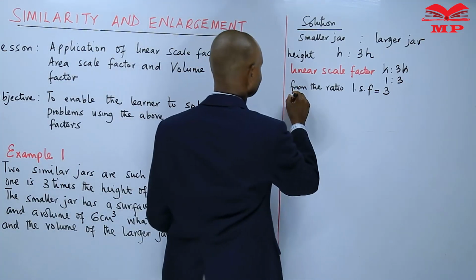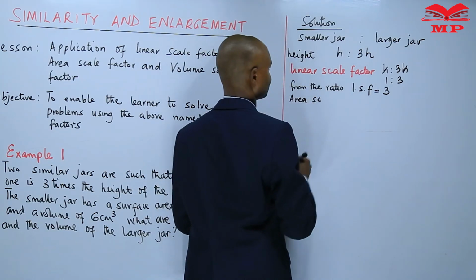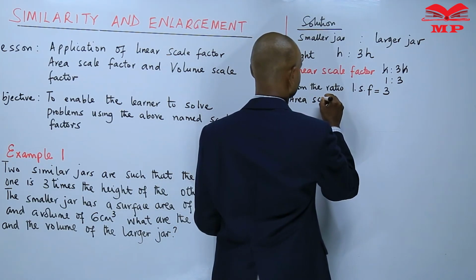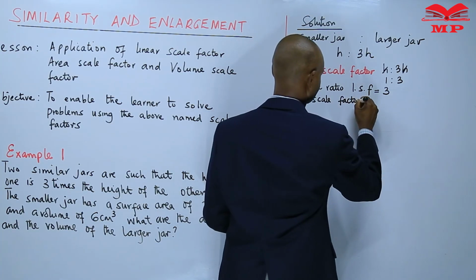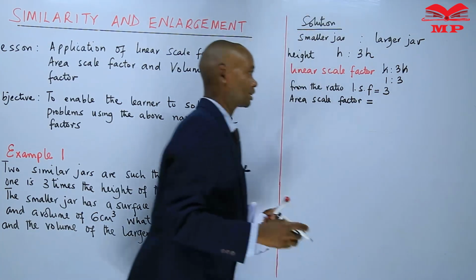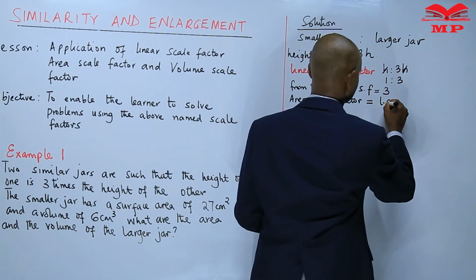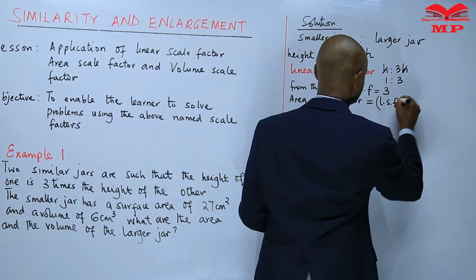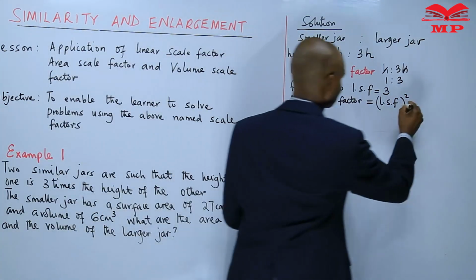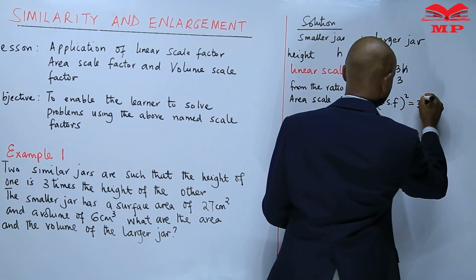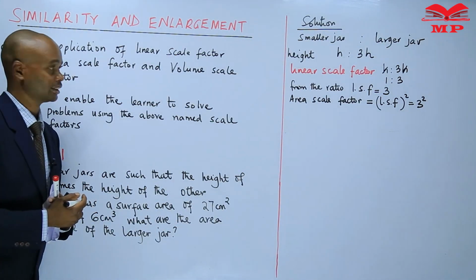The area scale factor, as we learned earlier, will be equal to the linear scale factor squared, which will be 3 squared.